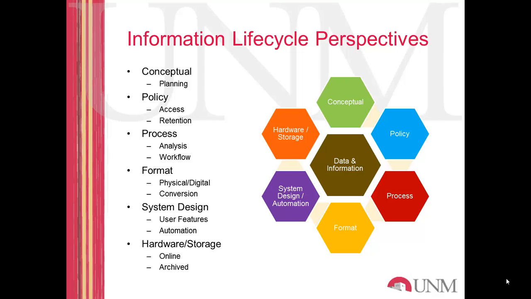We also need to take a perspective on what kind of physical form information takes. The format is important in that we have different technical and access requirements to it. And we need to make sure when we create information, for example, we're creating it in all the right forms for the people who need to use it. And if we're only creating it in a single form at the beginning, then we may have to consider converting it later on in order to distribute it properly.